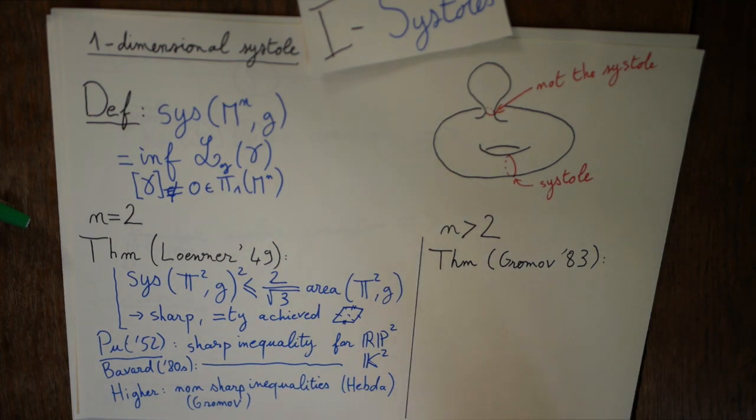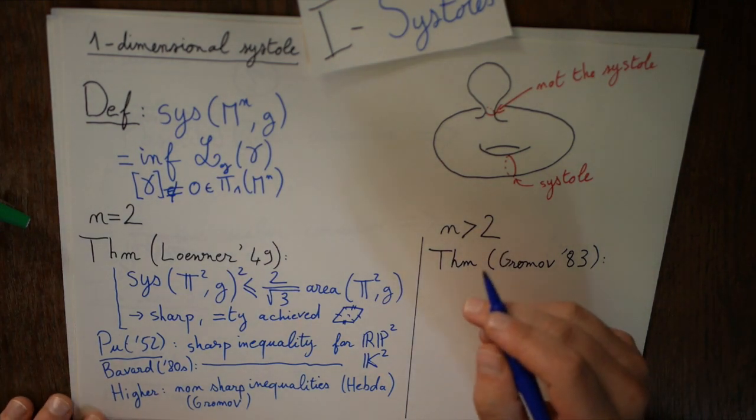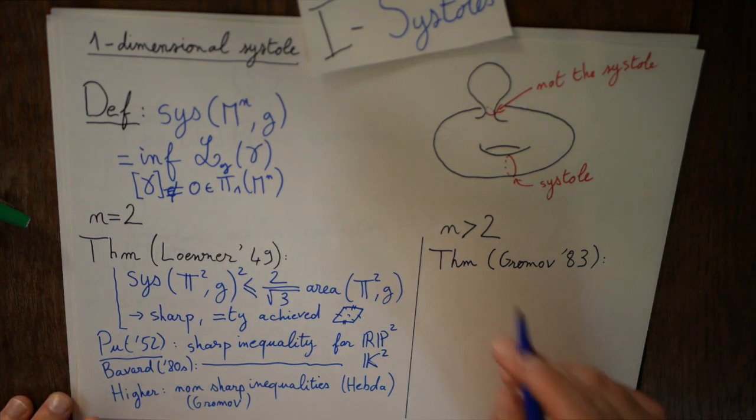And also at the same time, Gromov showed that there can be non-sharp systolic inequalities in higher dimension for a huge class of manifolds. He got this theorem at the beginning of the 80s, and it says the following.